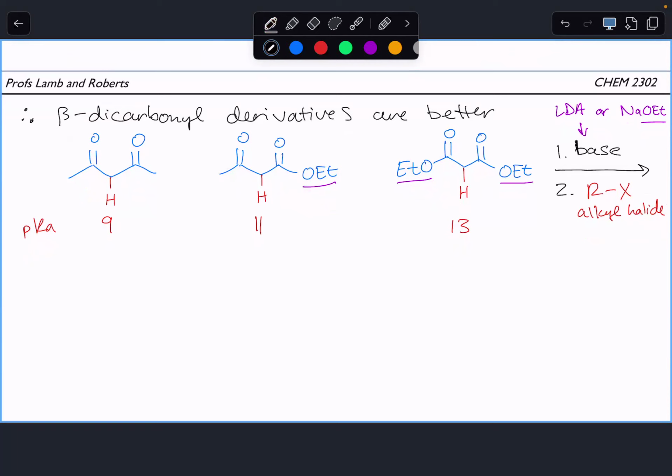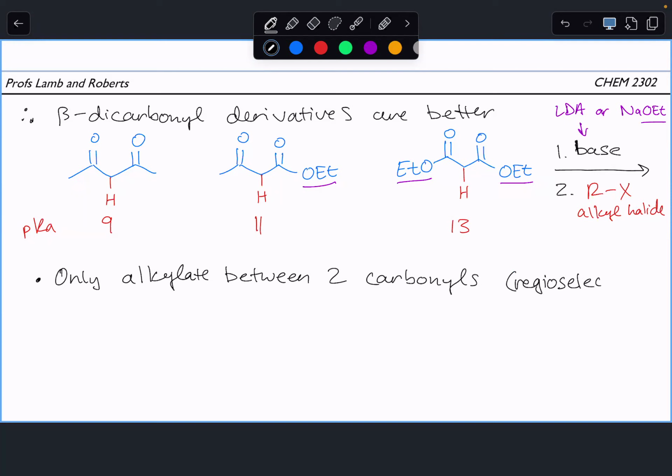Okay, so why does this solve our two problems? Well, when you have two carbonyls that are beta to each other, it's only going to alkylate in between the two, because that is the most acidic proton. That means that it is regioselective, right? Because it's always going to go to that center position.